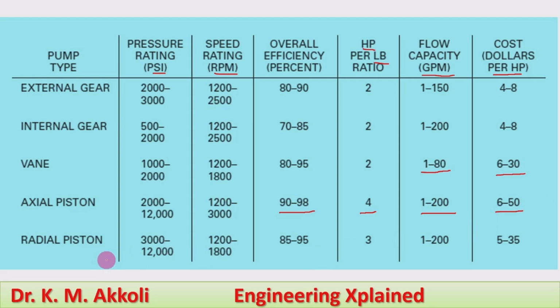And for the radial piston pump, the pressure rating again increases, 3000 to 12,000 psi, and the speed rating is almost similar to that of the internal vane pump, that is 1200 to 1800 rpm. Efficiency is high, somewhat less compared to the axial piston pump, 85 to 95 percent, and HP per LB is less than that of the axial piston pump.